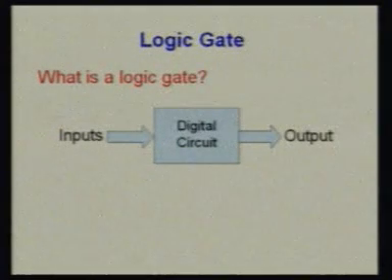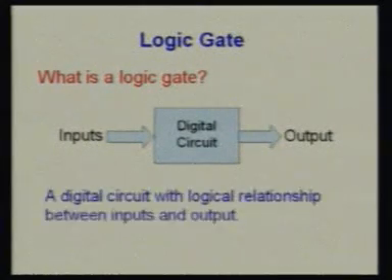So there must be a logical relationship between output and inputs. A logic gate can be defined as a digital circuit with a logical relationship between inputs and outputs. That is, the input signal should follow some condition to appear at the output. Such a type of gate is known as the logic gate.